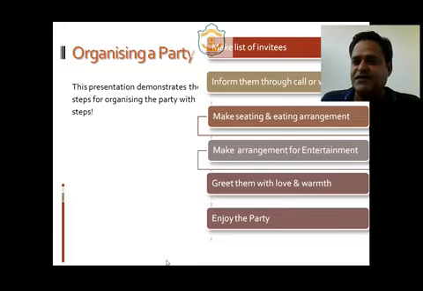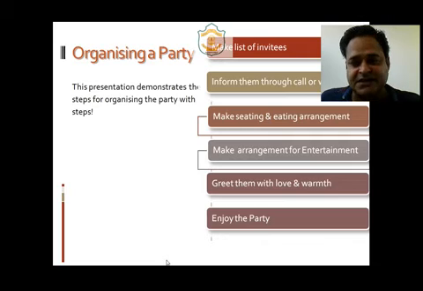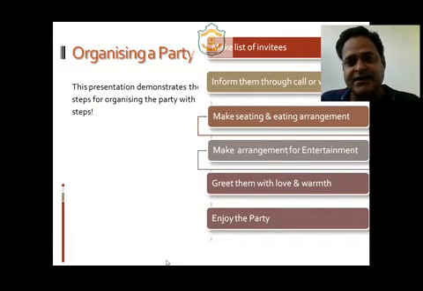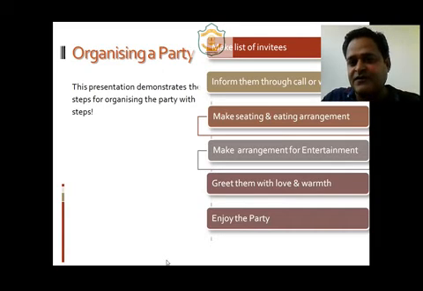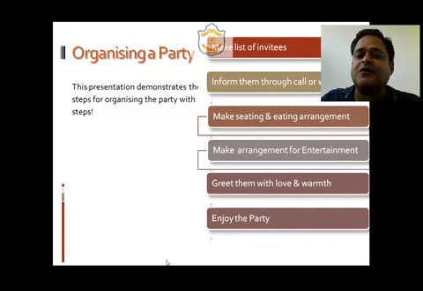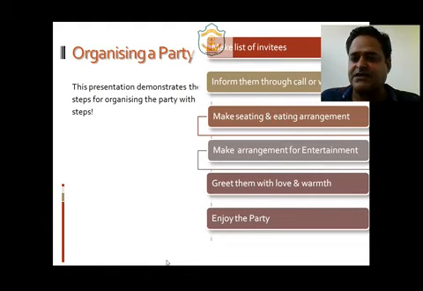Second step is inform them through call or WhatsApp. The third step is make proper seating and eating arrangement, which is obvious. If you are inviting guests, if you are inviting people at your home or your place for a party, it is your responsibility to give them proper seating arrangement plus proper eating arrangements. So this is also a part of our step to complete our task.